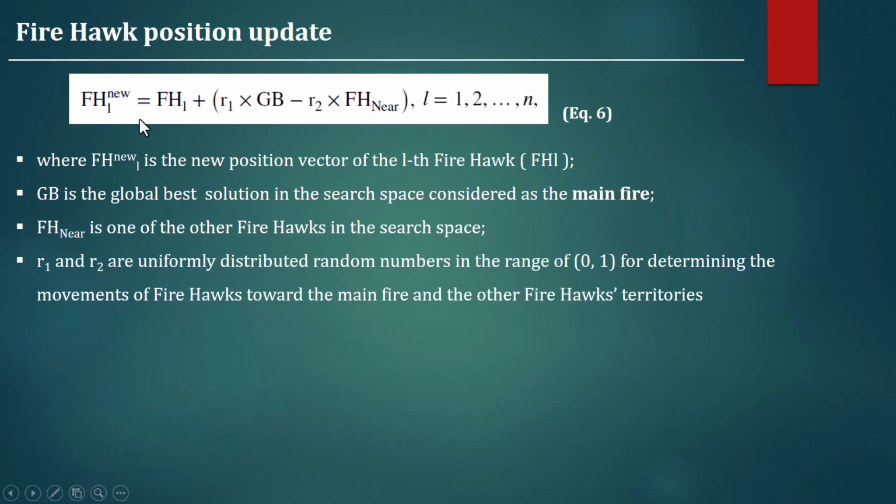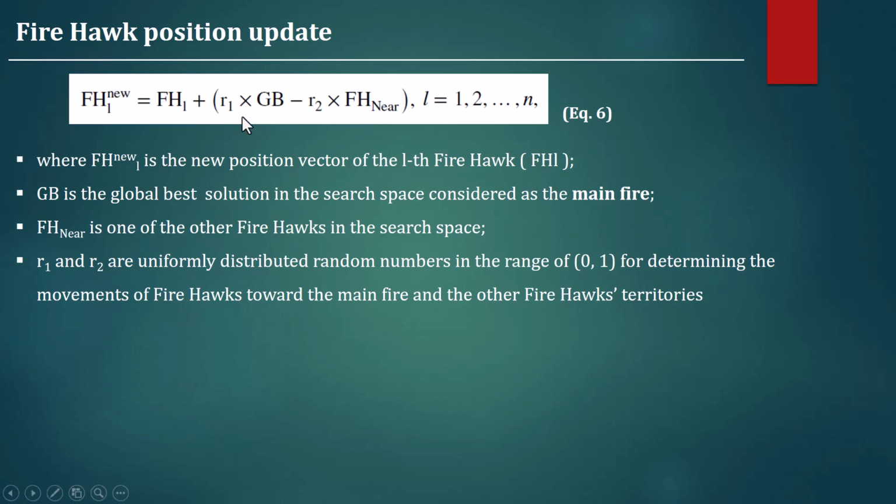And then we have to update the position of the firehawk, because the firehawk will move depending on the situation. FL new, that is the new position of the lth firehawk, is given by the position of the old firehawk plus R1 into GB. GB is the global best firehawk, the one which has the minimum error in the prediction.